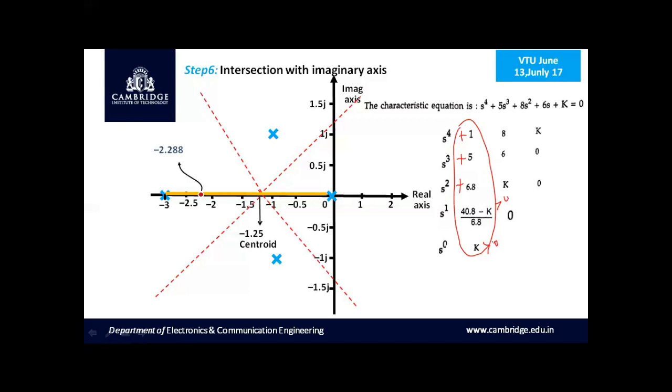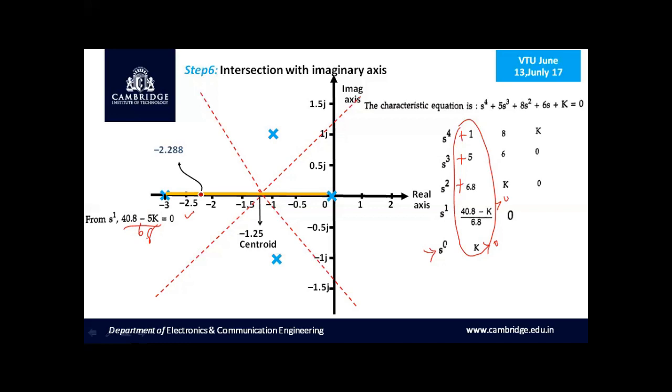It is very clear that k is greater than 0, making use of the s to the power 0 row, and we can make use of the s to the power 1 row. Therefore, we get 40.8 minus 5k divided by 6.8, which we can take as greater than 0. We have taken equal to 0 here to find k margin.